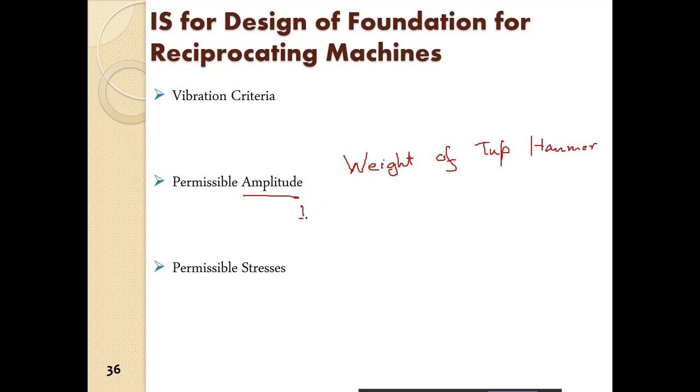If the weight of the hammer is 1 ton, then the maximum permissible amplitude is 1 mm only. If it is 3 ton, it goes up to 3 to 4 mm. In between, if it is 2 ton, it is 2 mm.